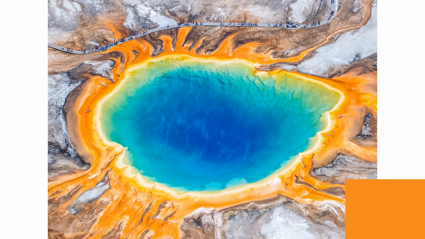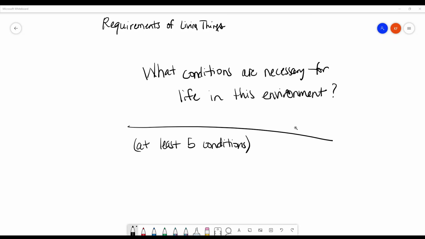And based on the photo you see here, make a list of conditions that you hypothesize that these organisms need to survive. And maybe you want to make different sets of conditions for different bands of colors. I don't know. But just give me at least 5 conditions that you hypothesize for these organisms.